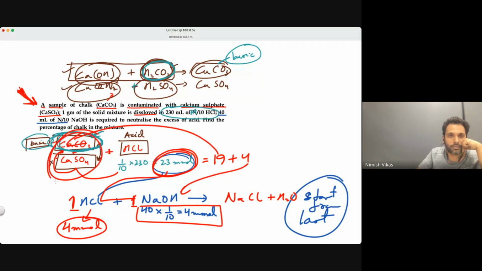And here comes your chemistry: it will be reacting with calcium carbonate alone. So I'll write calcium carbonate and do a balancing of the reaction. I hope you know that you'll get a 2 over here and a 1 over there, right, people? CaCl2 will form.